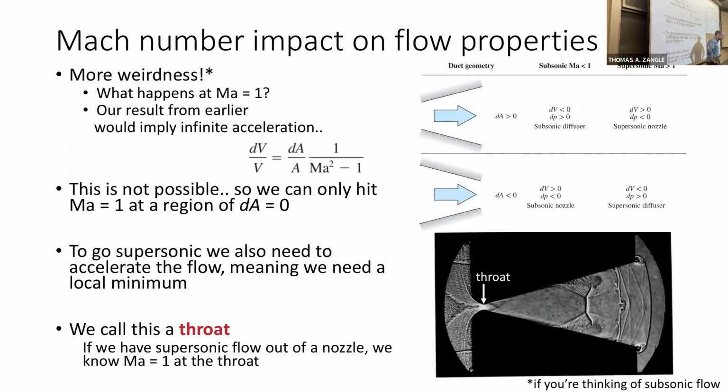What is actually happening at the throat? So we're going to use our Mach number relations. Actually, on the next slide, we're going to start using the Mach number relations that we've developed. Those hold. So we can use those to figure out the density, the velocity, everything we need to know at this condition.